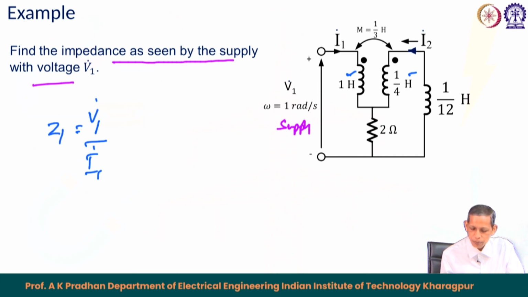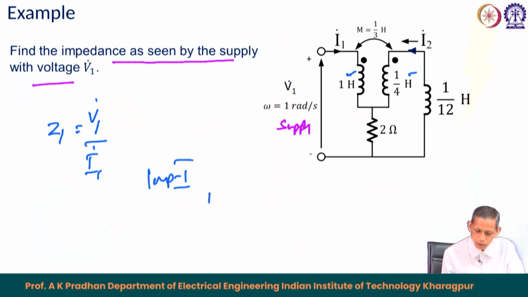The corresponding components are 1 Henry and the 2 ohm. So, for the 1 Henry case in loop 1, we can write down the corresponding voltage drop equation. Omega is 1 radian, so the corresponding reactance happens to be also 1.